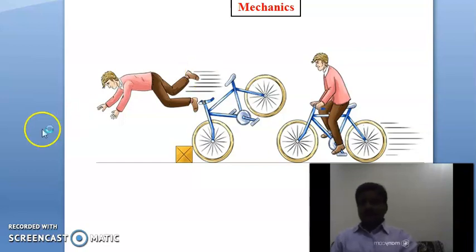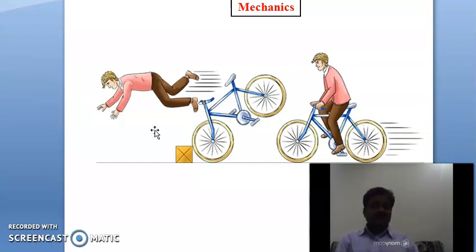Yes or no? It means that whenever there is an obstacle to the cyclist, surely it happens. Same thing, whenever a passenger is traveling in a bus, as soon as the bus accelerates, he will get a backward jerk.